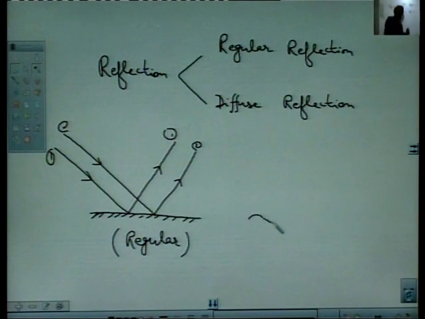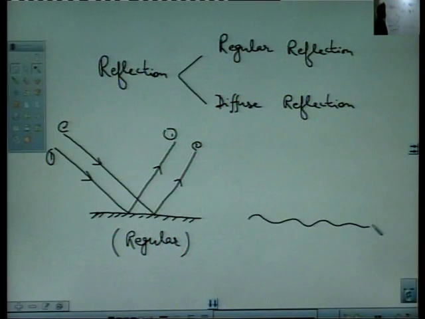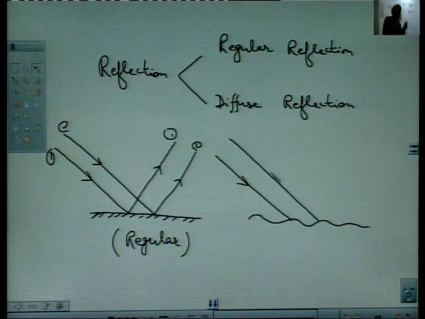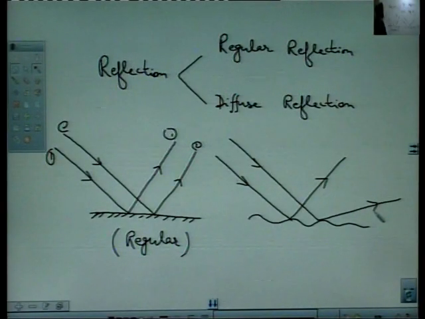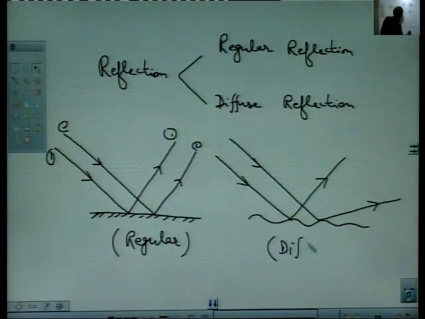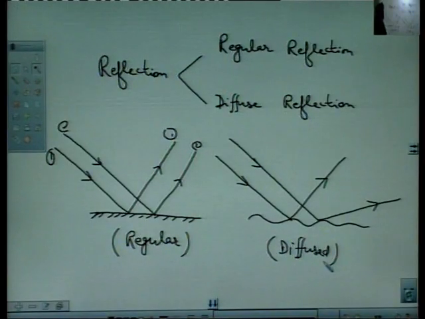On the other hand, if the surface is not perfectly smooth, then a parallel beam of light striking such a surface will not go parallel after reflection. This type of reflection is called diffused reflection. So, reflection is of two types.